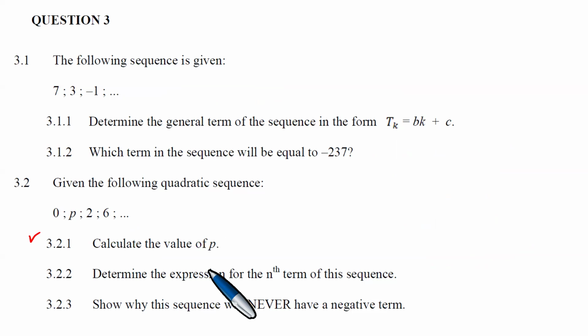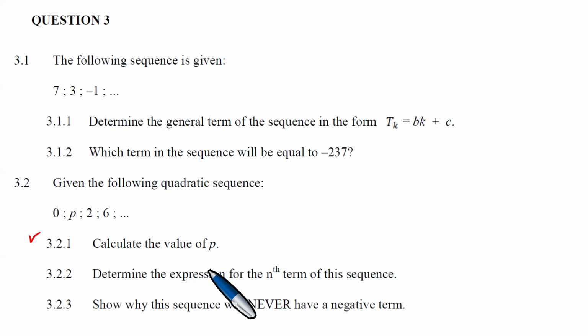Anyone? What is the value of p here? One. How did you get it? So it can only be 1. The number between 0 and 2 is 1.